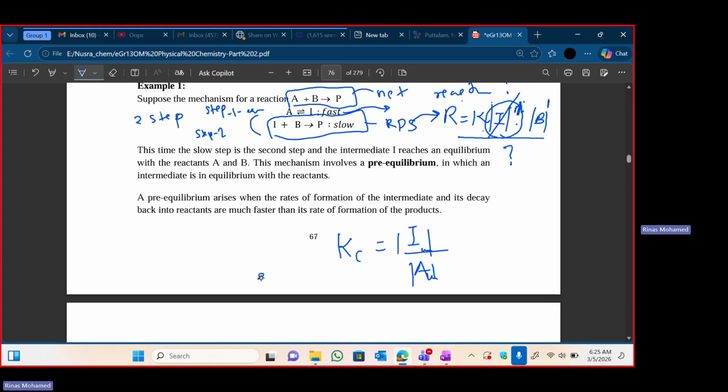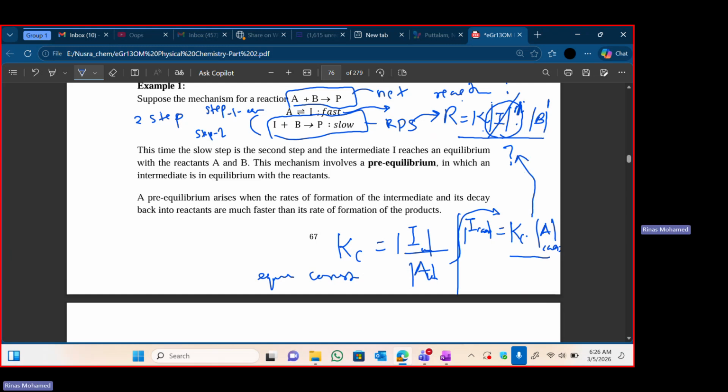Then I's concentration, I can take this side, equals Kc multiplied by A's concentration. I can derive an equation from this. Then instead of I's concentration, I can put Kc into A. That one I can replace here.